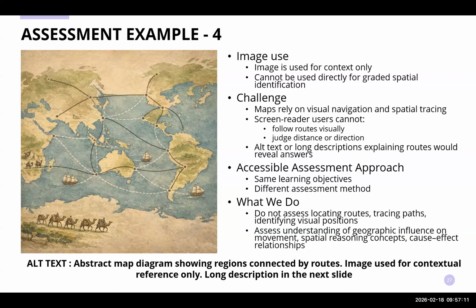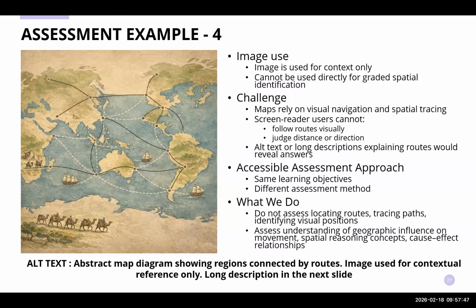So, in practice, we do not assess locating routes, tracing paths, or identifying visual position. Instead, we assess understanding of the geographic influence of movement, spatial reasoning concepts, and cause and effect relationships. So we might ask how geography influences trade or migration patterns, or how spatial factors shape cultural connections over time.